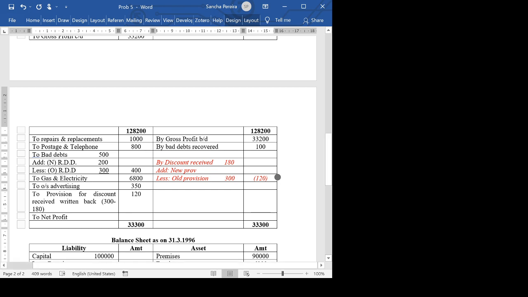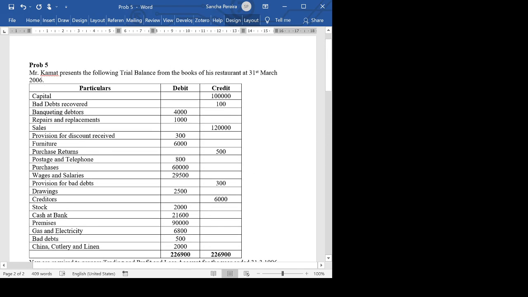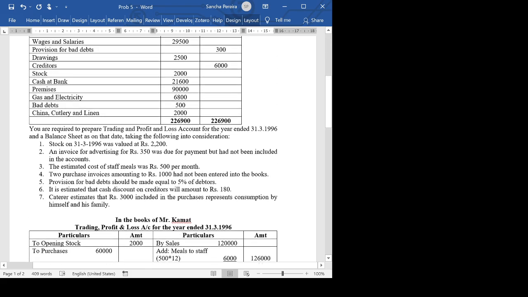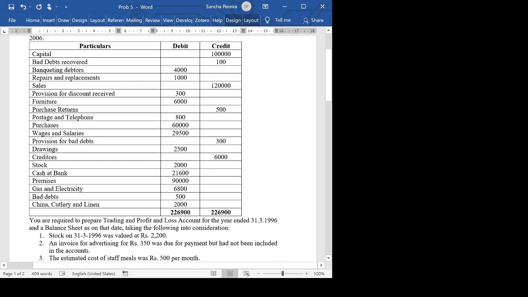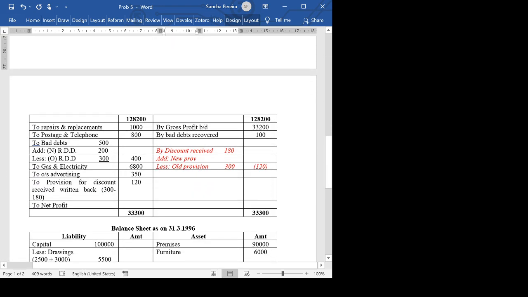Sorry, I think I've got this wrong. This figure, this is not 300, this is 200. Okay, I made a mistake. This is not 300, this is 200. It still doesn't change anything. This is 200. It's not 300, it's 200.